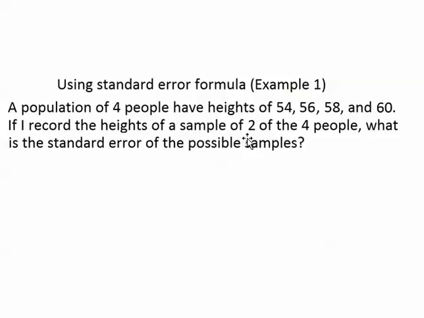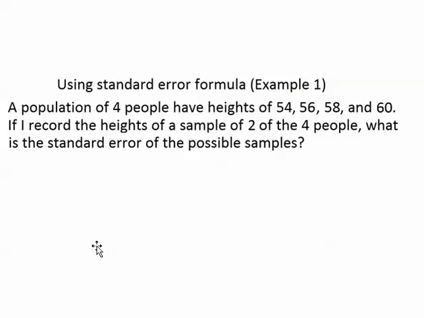So if I wanted to use the old method to find the standard error for all possible samples of 2 people, I would have to actually sort this population out into all possible samples of 2 people. There would be 6 of them. Then I would have to calculate the mean of each possible sample, and I would have 6 sample means.